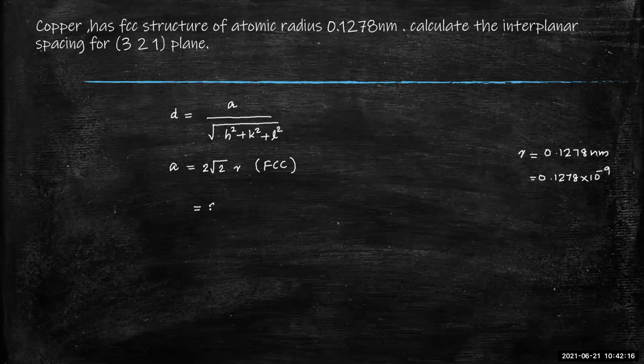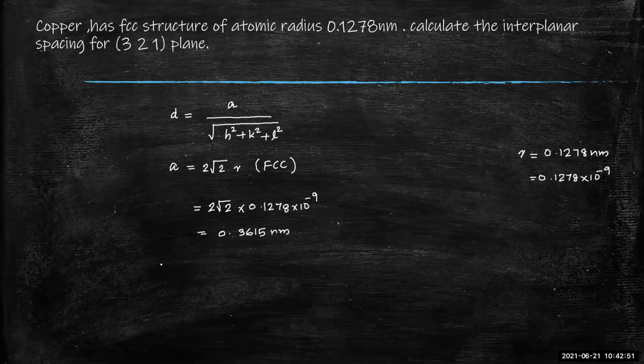So A is equal to 2 root 2 into the value of R, 0.1278 into 10 raised to minus 9, and A is obtained as 0.3615 nanometer.